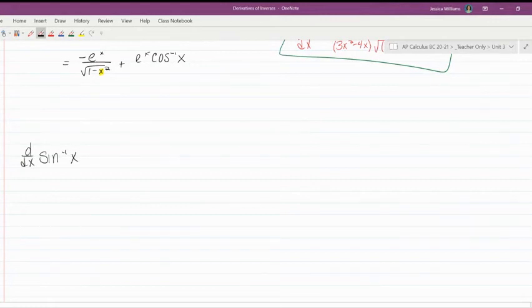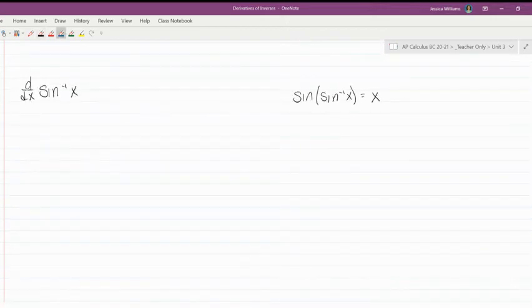I'm going to prove it the same way that we proved your f of f inverse. So I'm going to do sine of inverse sine of x equals x. That's a true statement. So I'm starting my proof with a true statement. And then I'm going to differentiate both sides with respect to x. This is still 1. This is a chain rule.